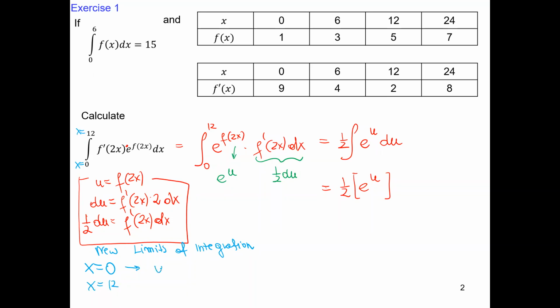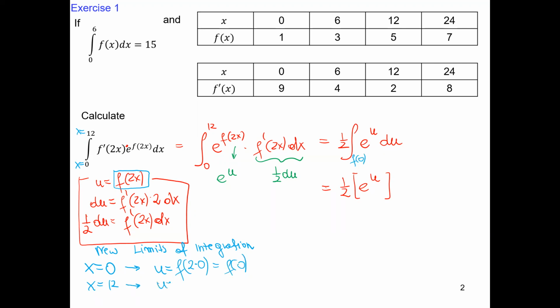Now we will calculate the new limits, the new u. The corresponding u for x equals 0 we will get through the substitution. That was the substitution: u equals f of 2x, 2 times x, 2 times 0. Okay, f of 0. It means the lower limit will be f of 0.